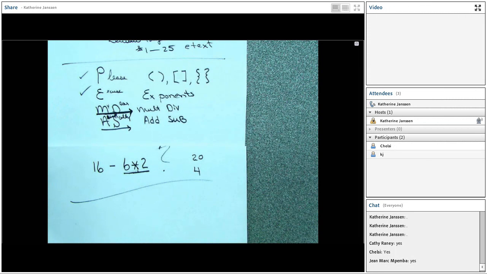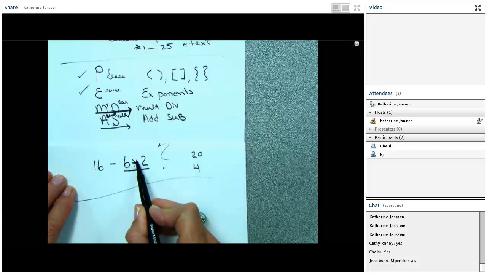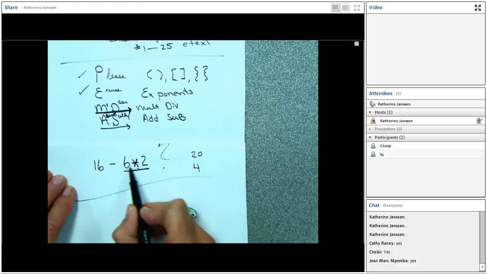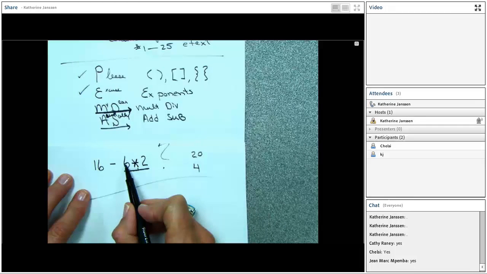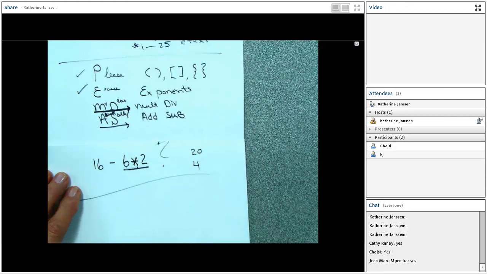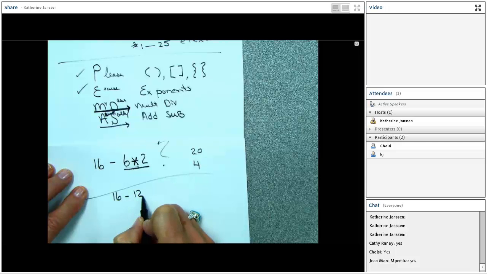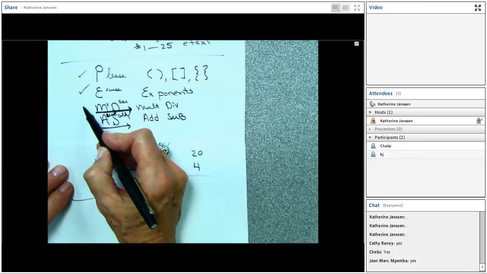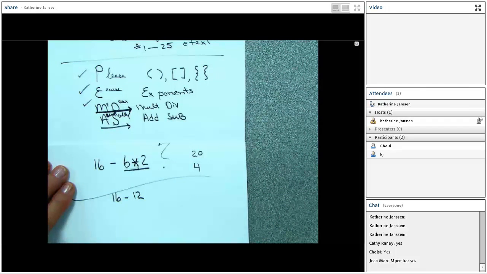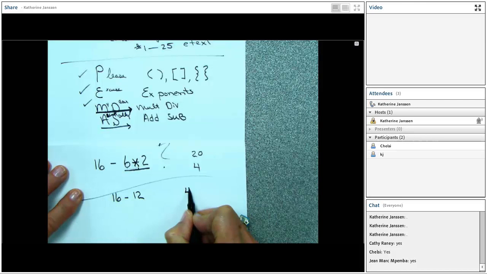So multiplication is binary. It takes two numbers: the number before times the number after. Well, let's see. That'd be 16 subtract 6 times 2, which is 12. There's no division, so I can go to my next level, addition and subtraction. There's no addition, but there is subtraction. So I'm going to subtract 12 from 16 and get 4.